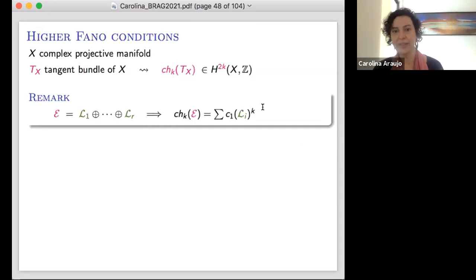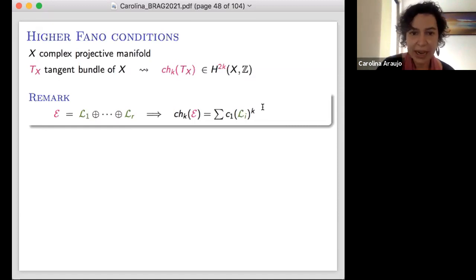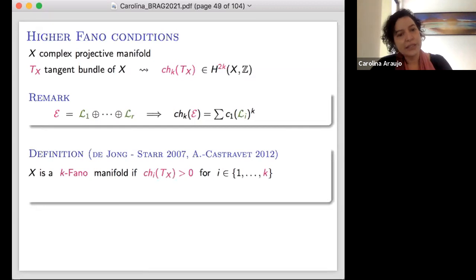So this is a codimension k class in X, and this is a definition for this talk. I don't think that this is a very standard definition, but we say that X is k-Fano if all the Chern characters from 1 up to k are positive.